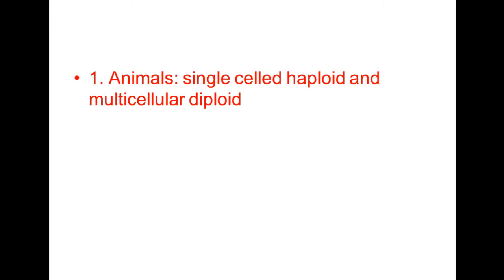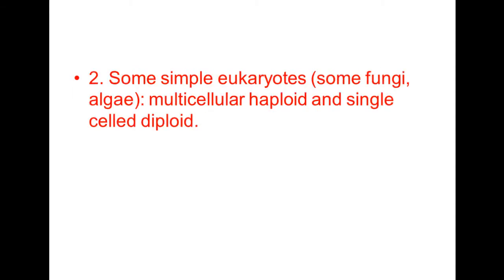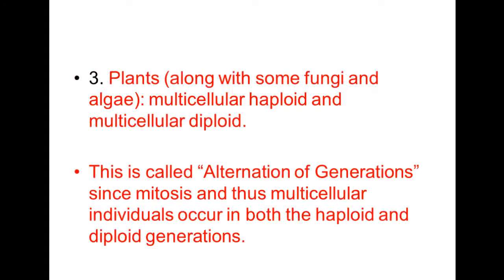Now, in animals, what we see is that we have a single-celled haploid state and a multicellular diploid state. In some of the simple eukaryotes, that is, some of the fungi and some of the algae, we have multicellular haploid and single-celled diploid.